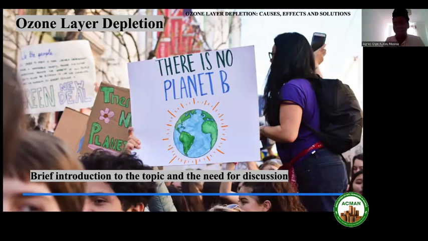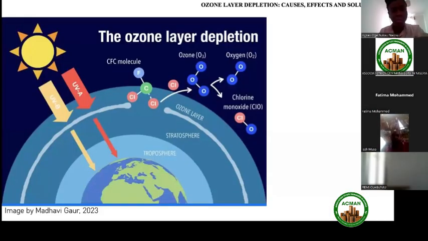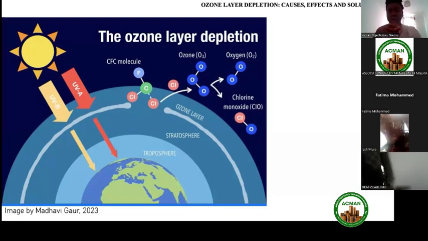And we should know that this goes on with chlorine, fluorine, and carbon. This chlorine floats in the atmosphere for a longer time. All these carbon elements float in the atmosphere for a longer time, reacting with the oxygen molecules in the ozone layer.